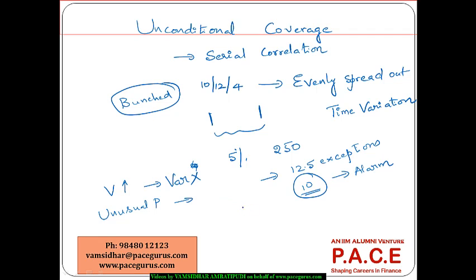Now, this is where we are trying to look at conditioning based on the current situation. For that, we come out with a likelihood ratio test, which is called a conditional coverage.